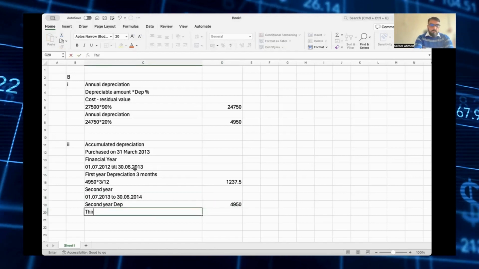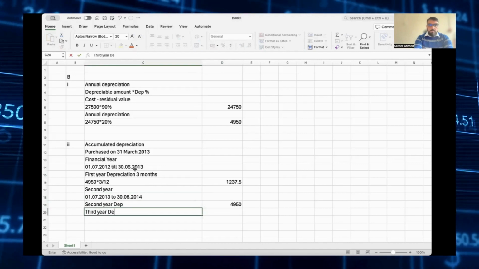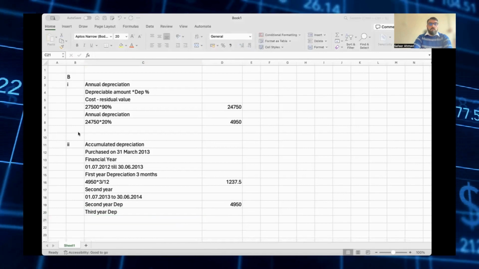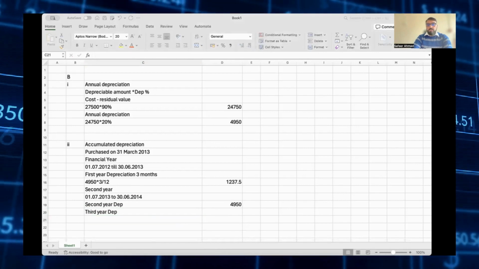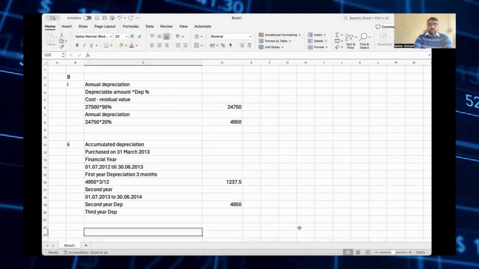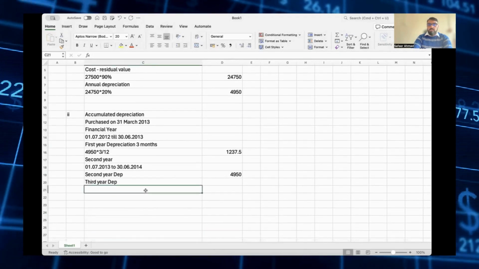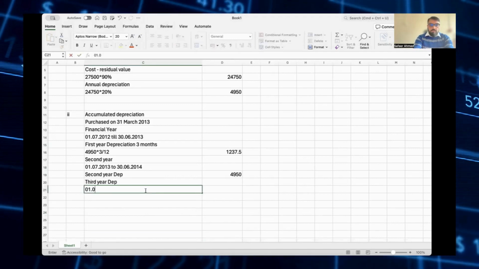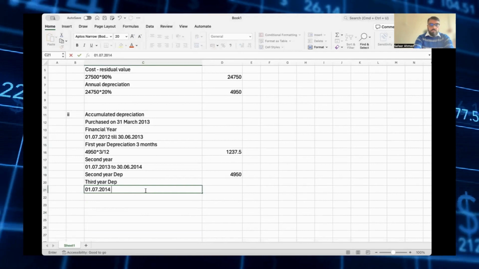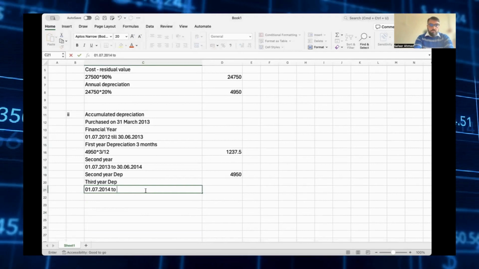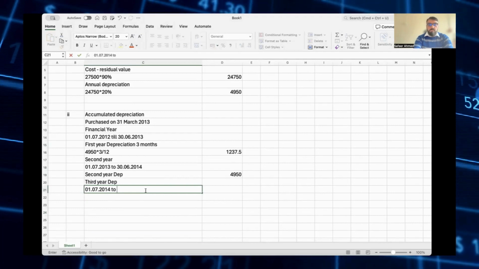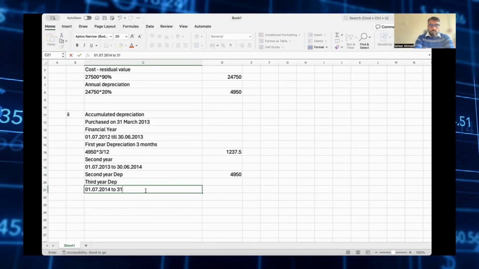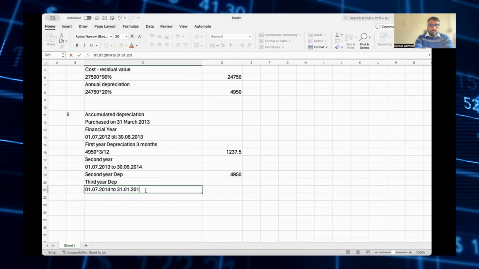And then the third year depreciation. Now you can see that this van was sold during the third year, which is on 1st of February 2015. So for how many months did this business have this van in the third year? It will be from 1st of July 2014 to 1st of February. So technically 31st of January, you will say, because remember that it is for each completed month. So 31st of January 2015.